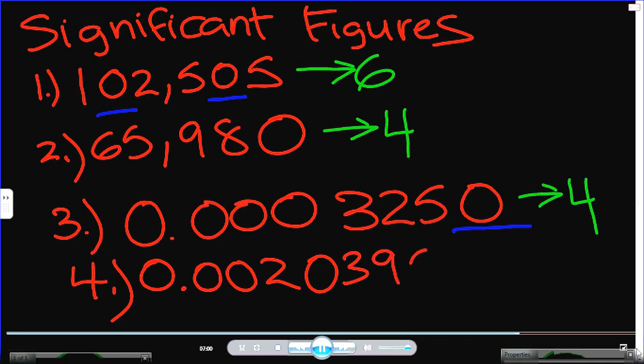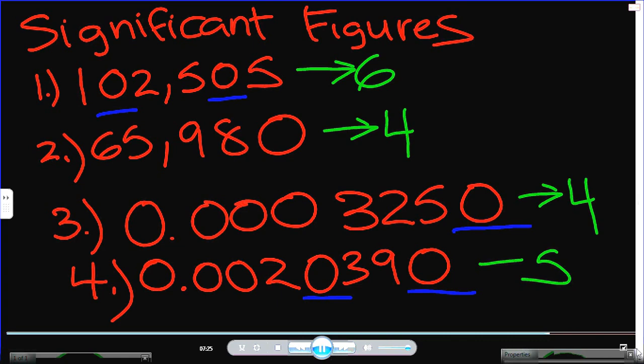And so with this number here, we're going to look at all of the zeros, and again, you have another mixed bag scenario where you have zeros that are both significant and non-significant. Now, obviously, the zeros to the left of a non-zero digit number are not significant. But what is significant are going to be the zeros found sandwiched between the 2 and the 3, as well as the zero found to the right of the non-zero digit number.